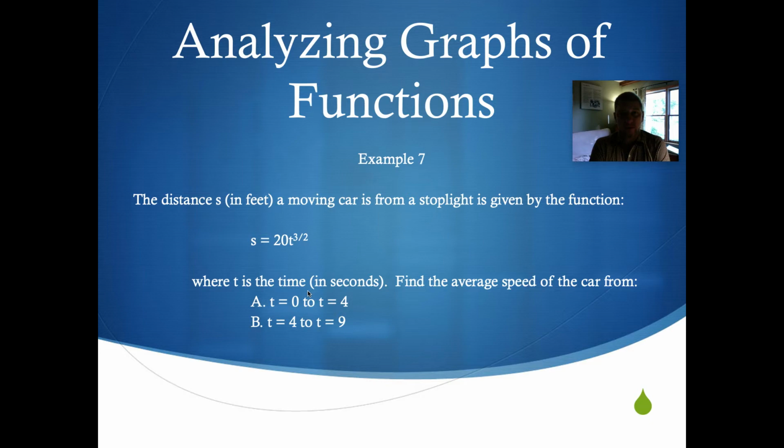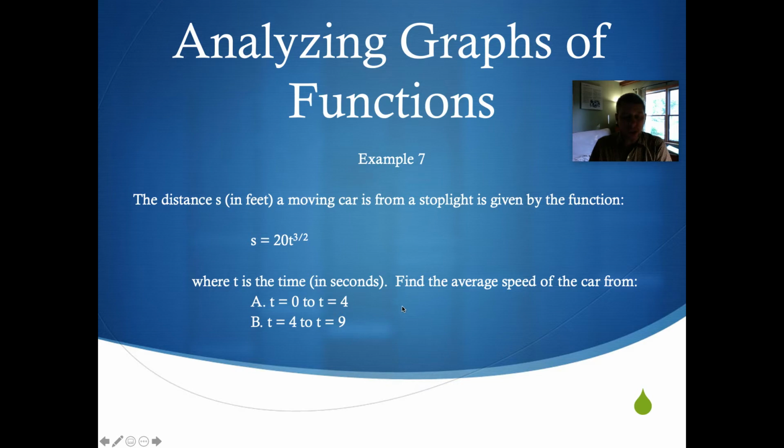That's how the 1/2 is really the same thing as the square root of t, where t is the time in seconds. And we're going to find the average speed of the car from t equals 0 seconds to t equals 4 seconds.